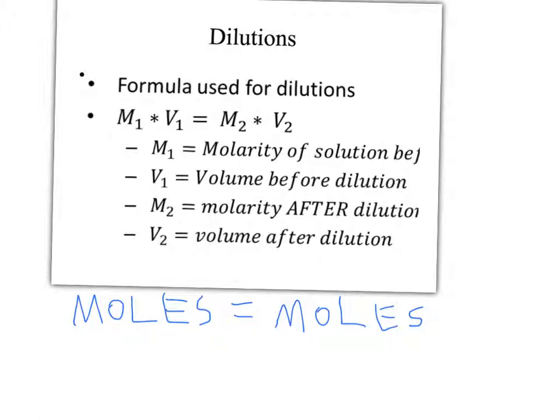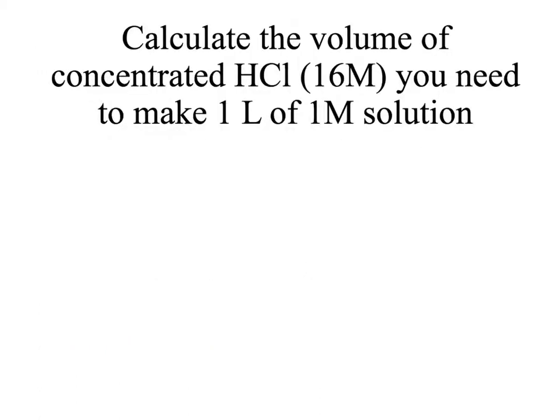So, I'll give you an example calculation. Calculate the volume of concentrated hydrochloric acid, which is 16 molar, you need to make 1 liter of 1 molar solution. We're going to use our M1 V1 equals M2 V2.